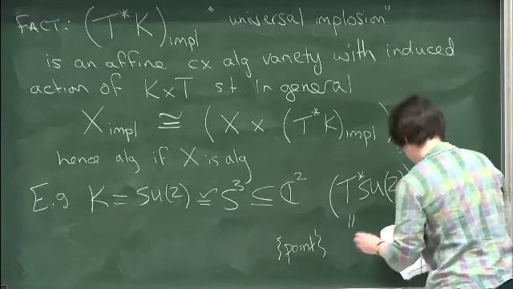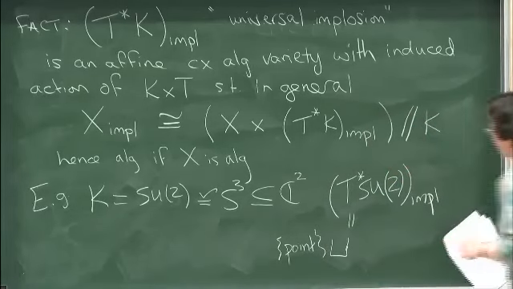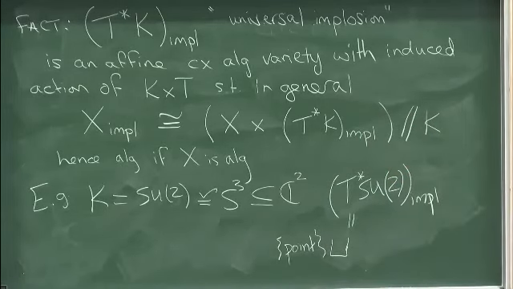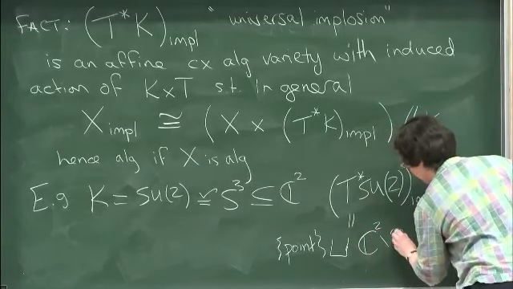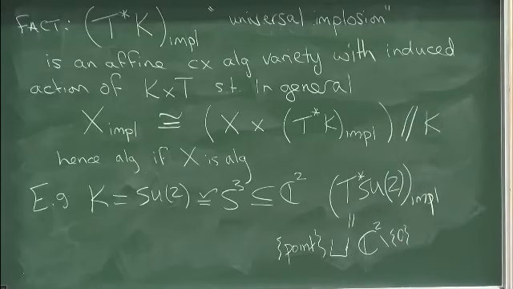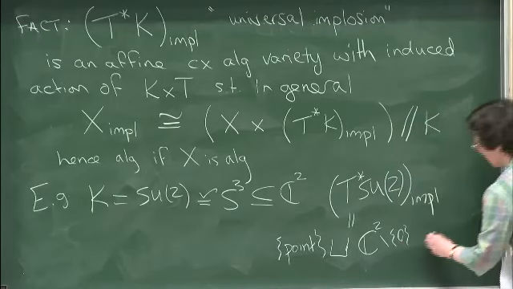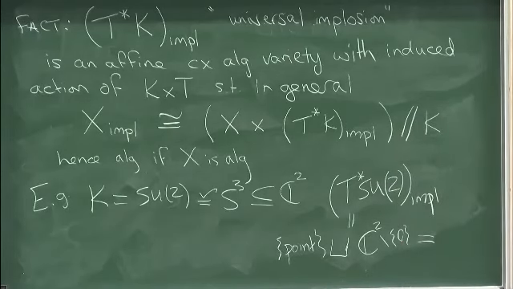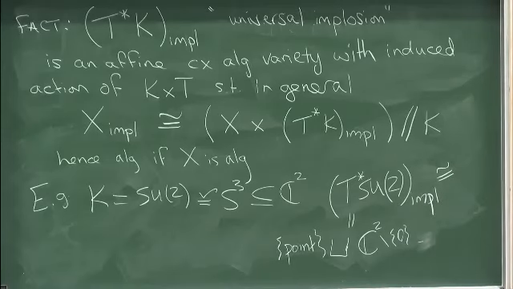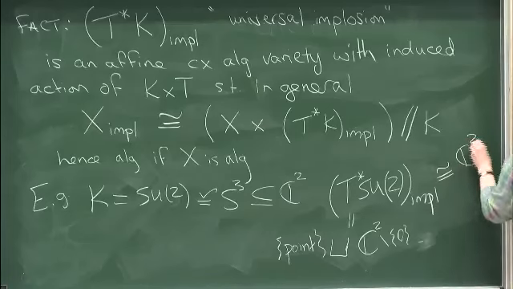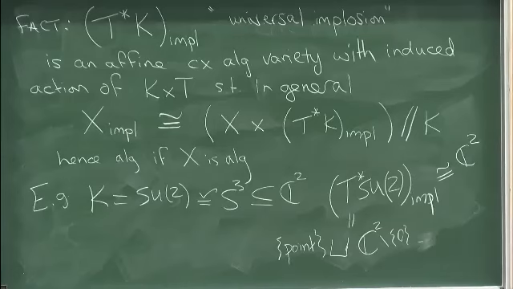And the inverse image under the moment map of the positive Weyl chamber you can identify with just C2 with the origin removed. So that suggests, and it is indeed the case, that the affine algebraic variety that we're looking at here is just C2, with the T action given by multiplication by T inverse, I guess.